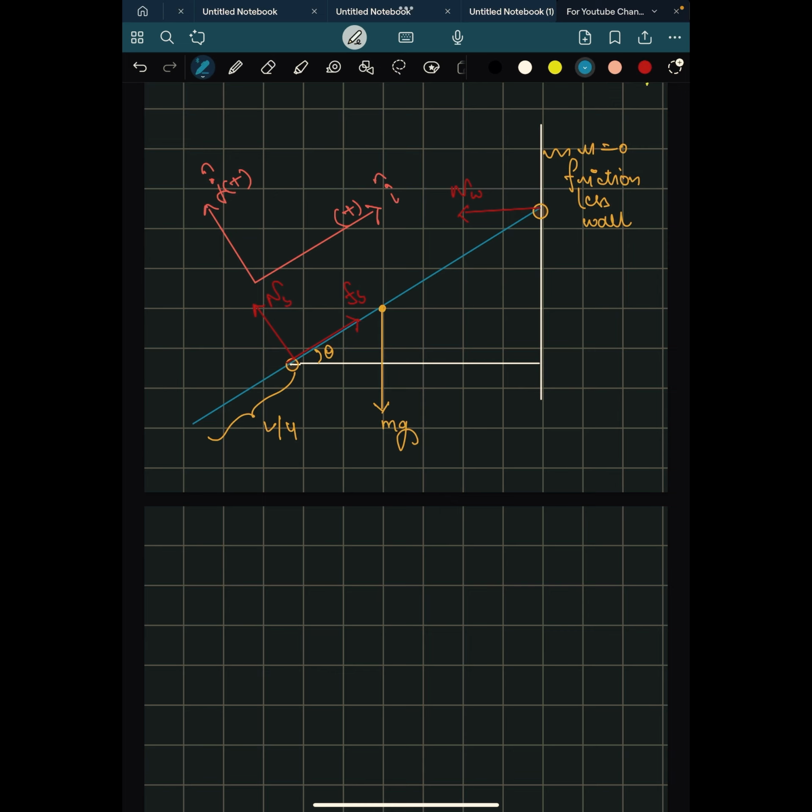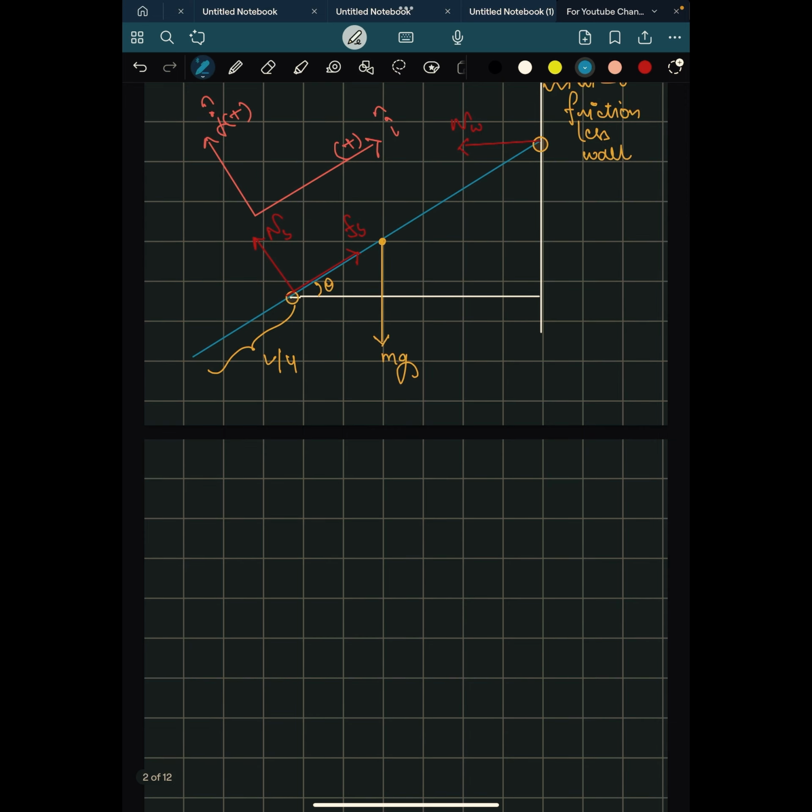In the i cap direction, based on the axes that we have defined, the forces are Fs, minus mg sin theta, and the other force is minus Nw cos theta, since this angle is also theta.